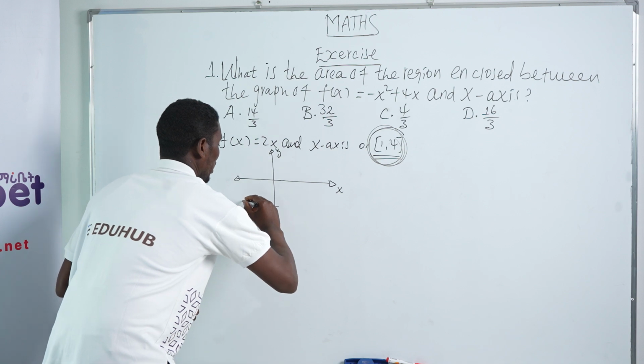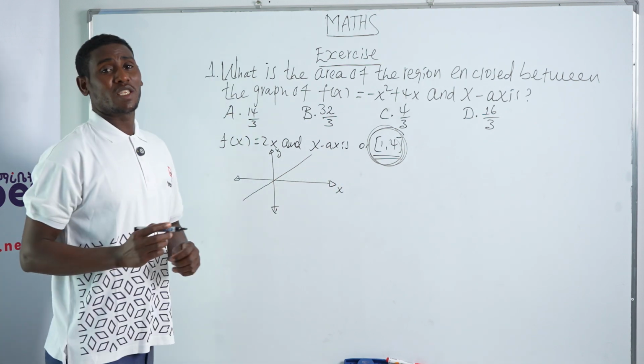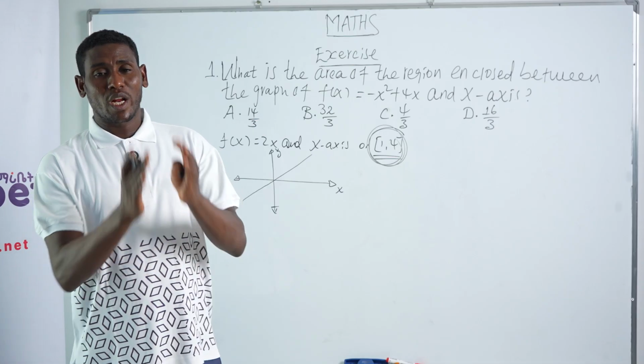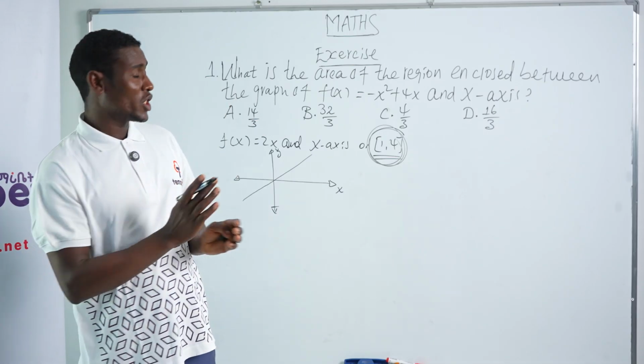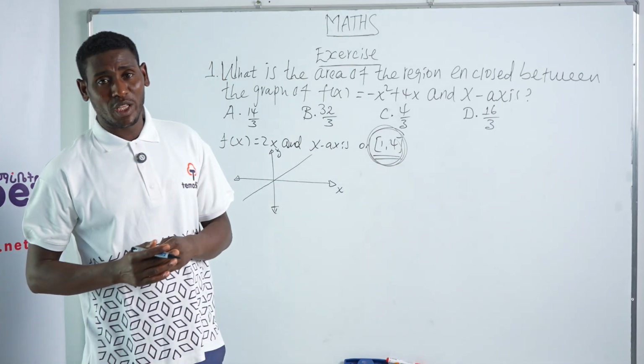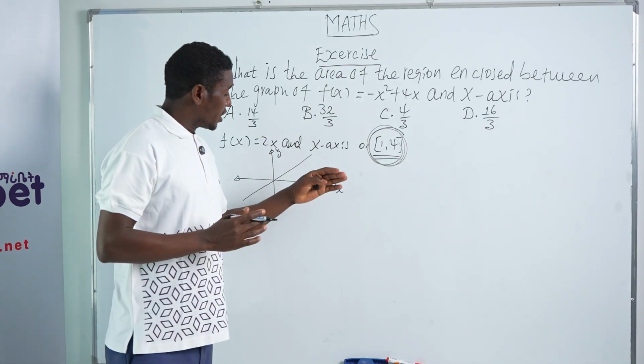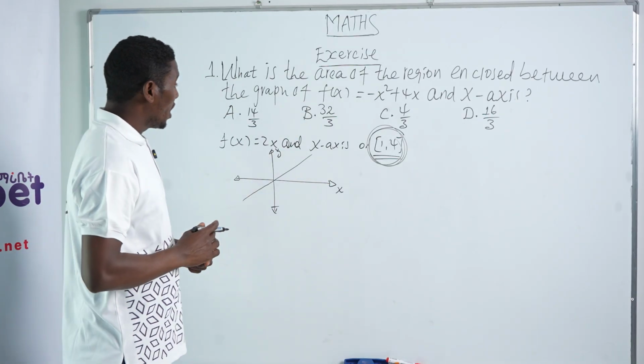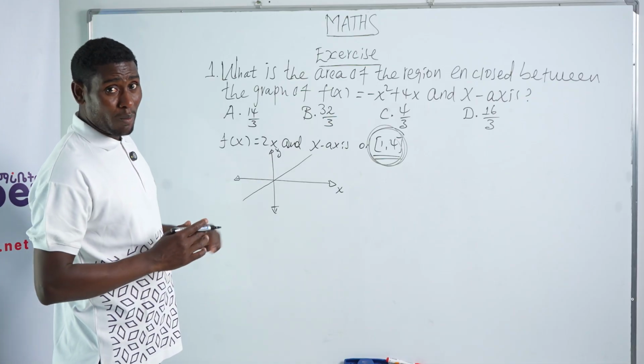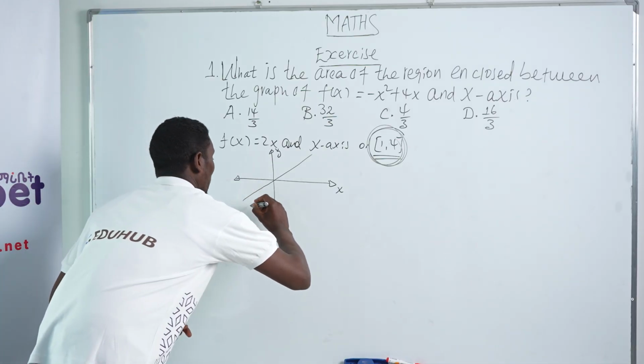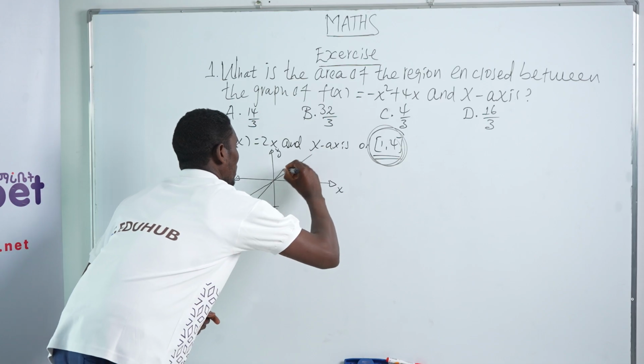As you know, the graph of y equals x passes through the origin and divides the first and third quadrants into equal parts. This line y equals x is a line of symmetry for the above and the below parts.